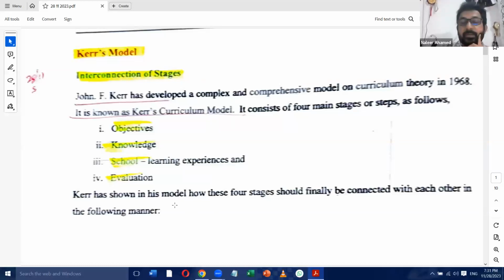Kerr has shown in his model how these four stages should finally be connected with each other in the following manner.